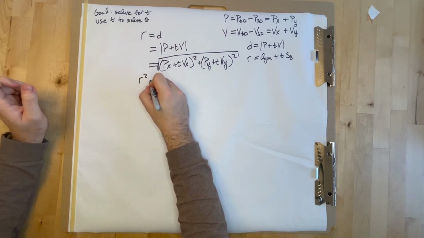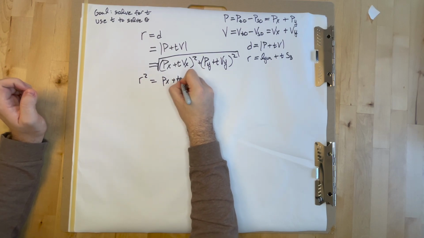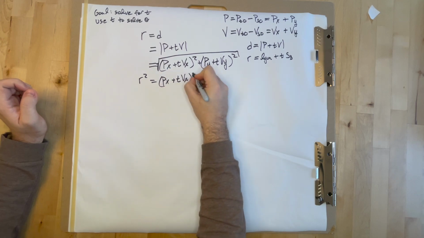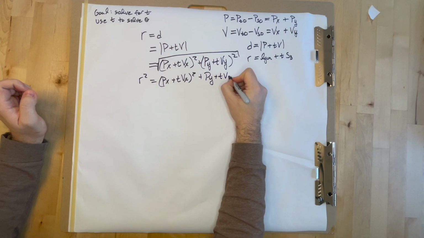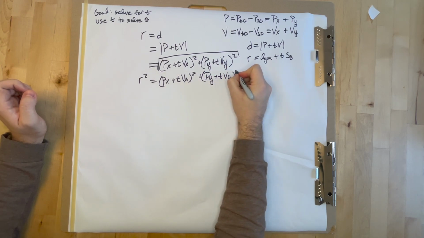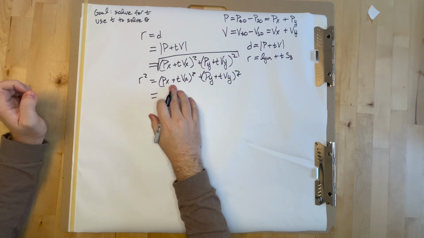So we say r squared is equal to, same thing, px plus t vx squared plus py plus t vy squared. And then we need to do polynomial expansion on this.